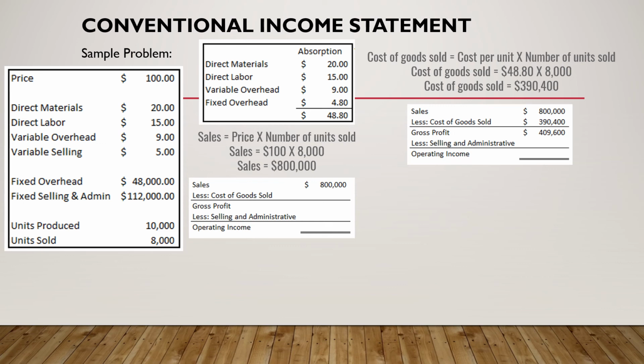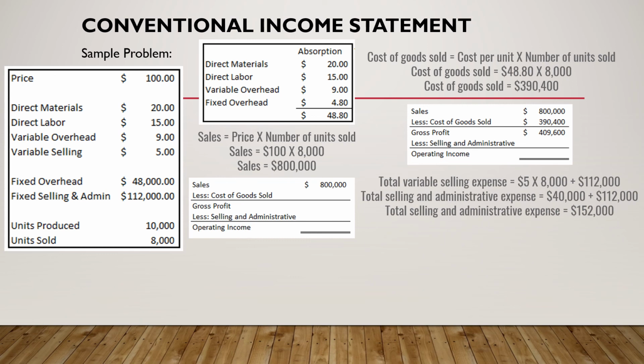This includes the variable selling, the fixed overhead, and the fixed selling and administrative cost. Selling and administrative expense can be variable or fixed. Therefore, we should treat the selling and administrative cost like a mixed cost. In this case, the variable rate is 5 per unit. Variable selling is 5 per unit, and the fixed cost is 112,000. So we add that together.